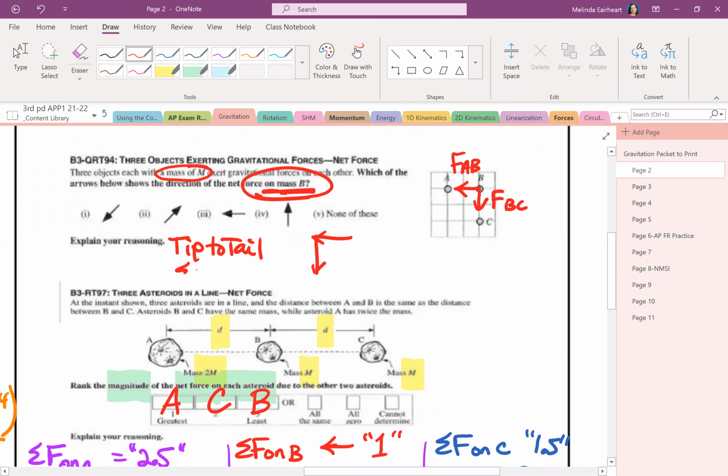And where's our net force? Well, this is the resultant. How do we draw the resultants? Do we complete the cycle? Go back to the beginning? No, it's start to finish. And so your F net would be in the southwest direction. Answer choice 1, A, whatever. Good deal?